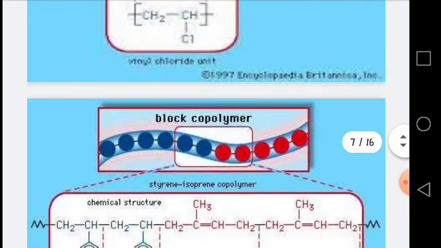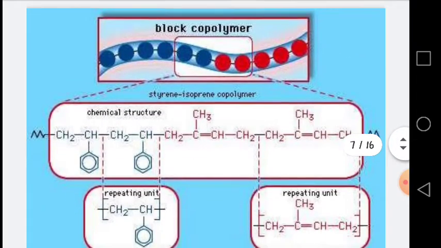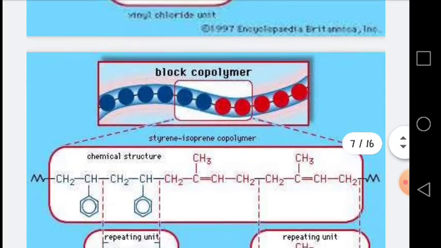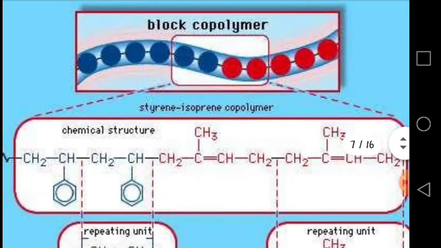Another example to understand the copolymer. In this case you can see that there are two types of monomers. One type is represented by blue color and the second type is represented by red color. When these red monomers combine with the blue monomers, they form a long chain of polymer, and this polymer is made of two different monomers, so that's why this is called a copolymer.